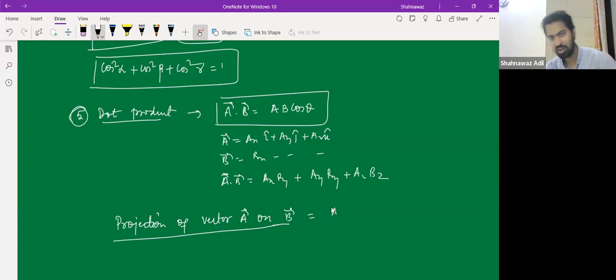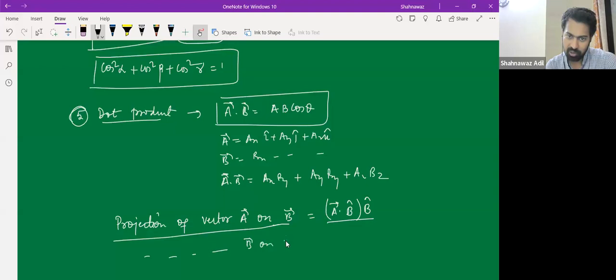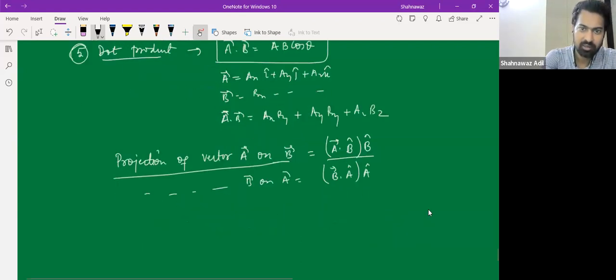That was actually A cos theta, and we represented that by A dot B hat. And similarly, the projection of B on A was B dot A hat, right?